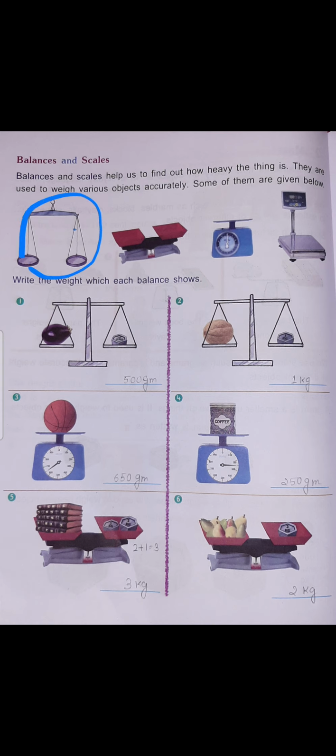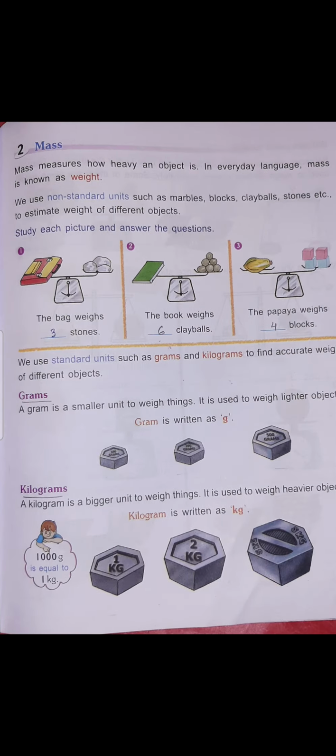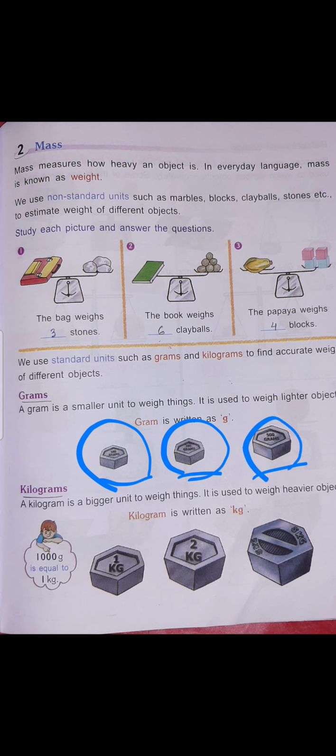So in this type of weight machine, we use these bars. These are called gram bars. This is 100 gram, this is 200 gram, and this is 500 gram. And this is 1 kilogram, 1 kg, 2 kg, 5 kg bar.